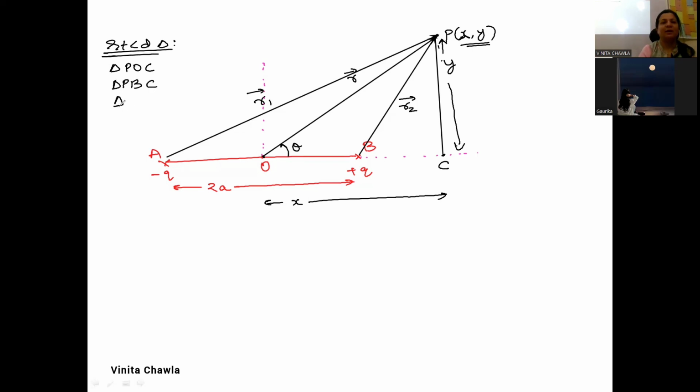And third right angle triangle is triangle PAC. So these are the three right angle triangles that we have. This is one thing. Okay, we will try to understand this topic in parts, only then can we understand this in a better way. So let's choose triangle POC first.